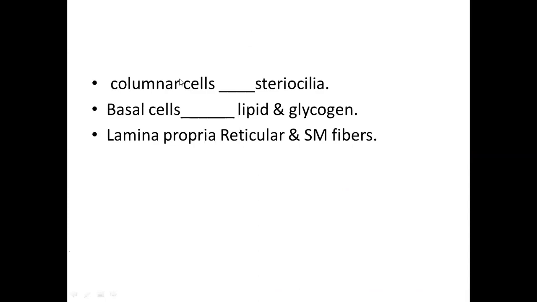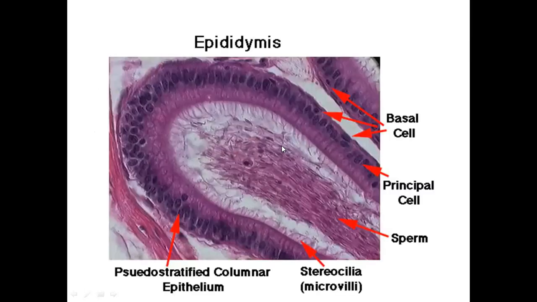Looking at the components, the pseudostratified columnar epithelium has columnar cells which are stereociliated. Then it has basal cells which are responsible for the production of lipids and glycogen, but again an important function contributed by these cells is that they act as stem cells. Below the epithelium there is a lamina propria which has more reticular fibers and smooth muscle fibers in between.